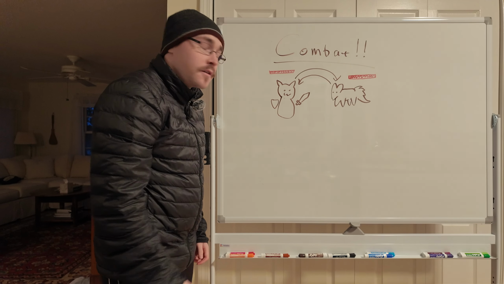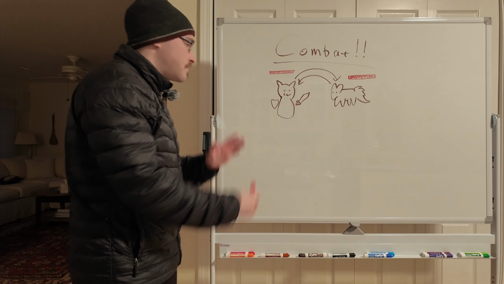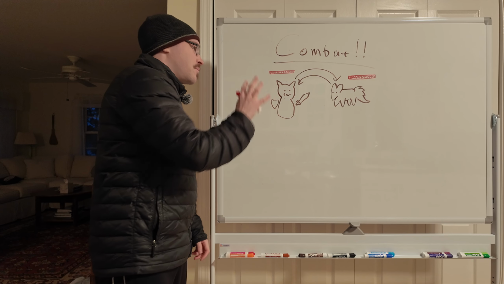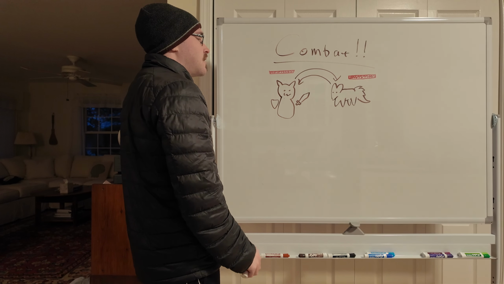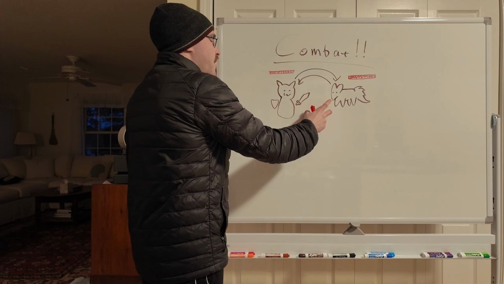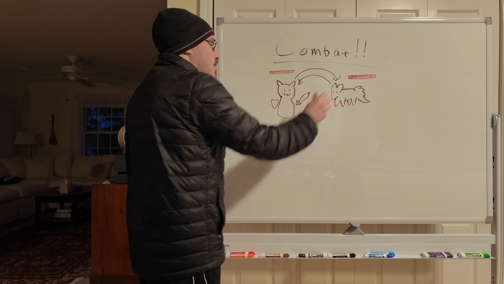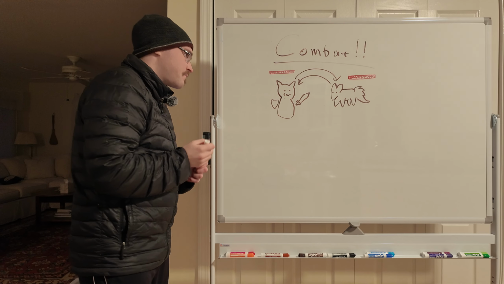Maybe we'll recruit it, maybe we can have the creature with us. There's so many different things that can happen. But generally speaking, the point of this combat encounter is for one of these two things to get the other one's health to 0, to defeat it.